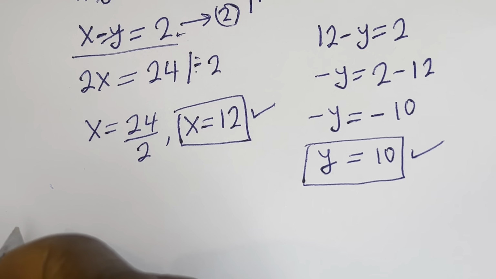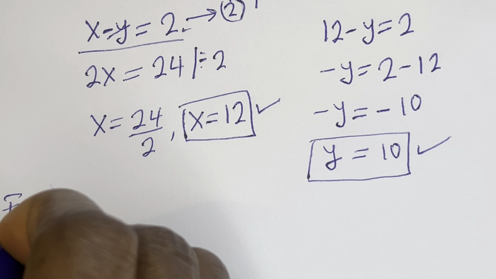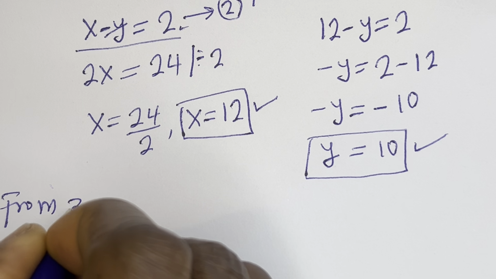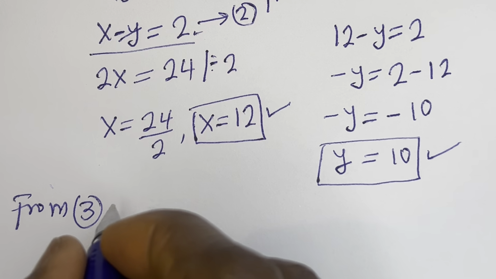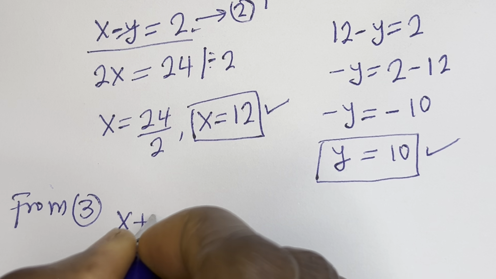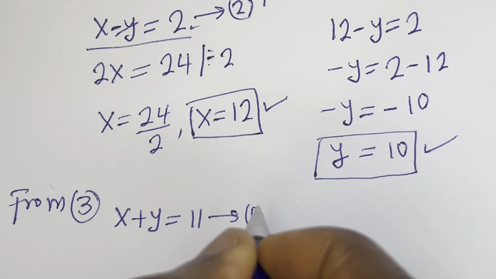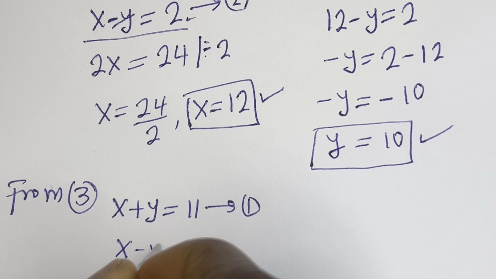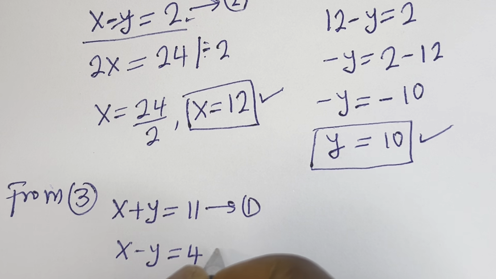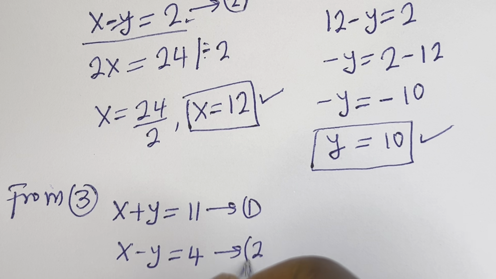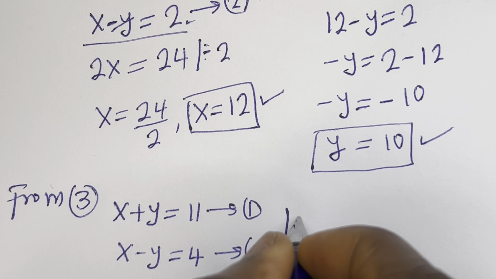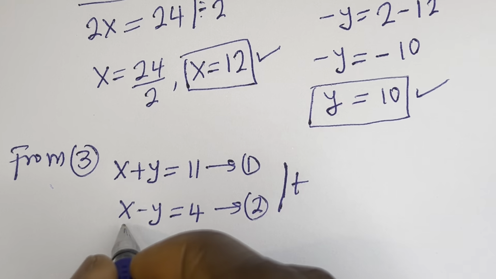Let's consider the third case. From the third case, x plus y is equal to 11. Let's call this equation 1. x minus y is equal to 4. This is equation 2. Let's solve using the elimination method.